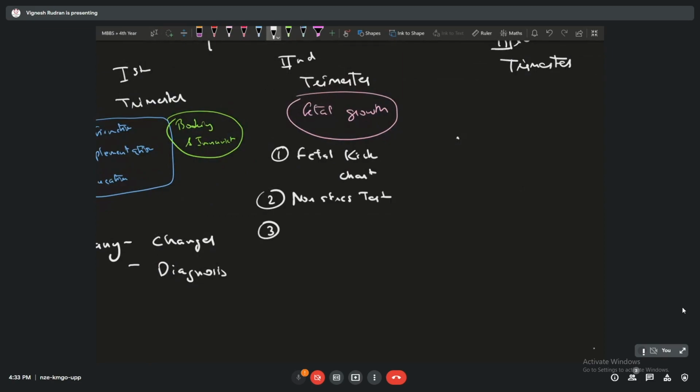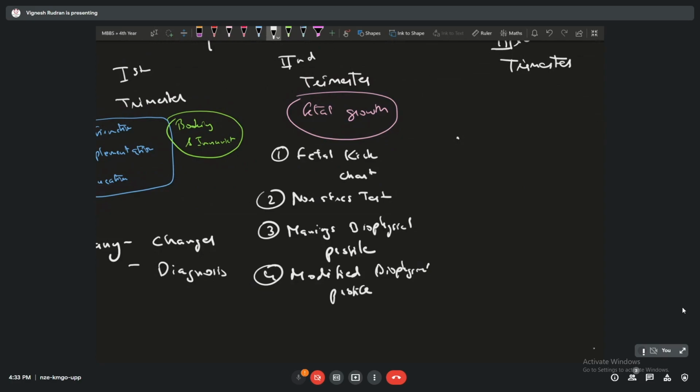And then you have your Manning's biophysical profile, and then you have your modified biophysical profile. So any of these, even the second and third trimester, you can use all of these.